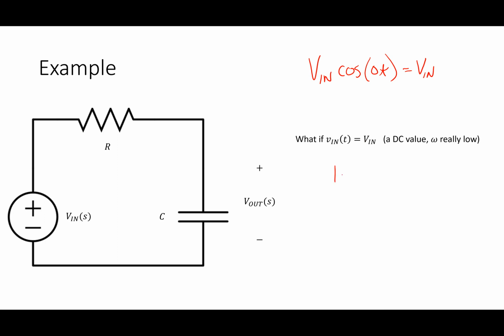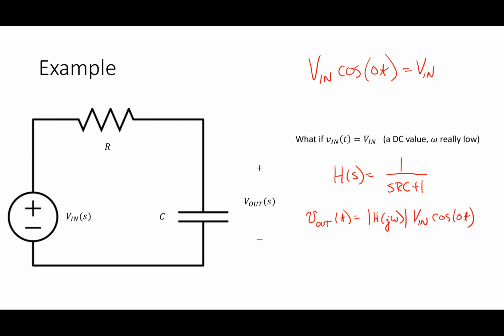We just said H of s is equal to 1 over sRC plus 1. What value of s would I put in for this to figure out what the magnitude is going to be? And just to be clear, what we're saying is that Vout of t is the magnitude of H of j omega times, in this case, Vin, or just keeping it more general, Vin cosine 0t, like that.